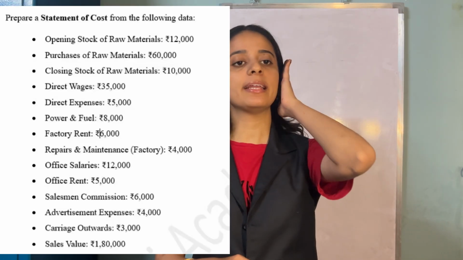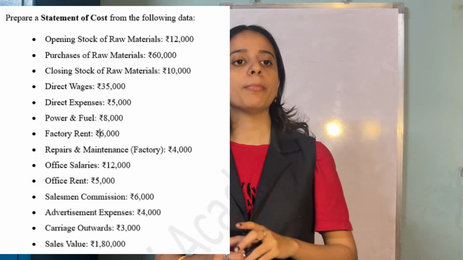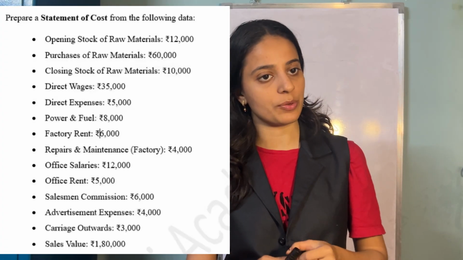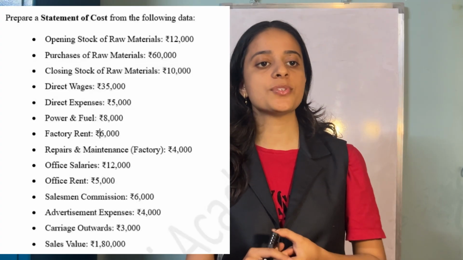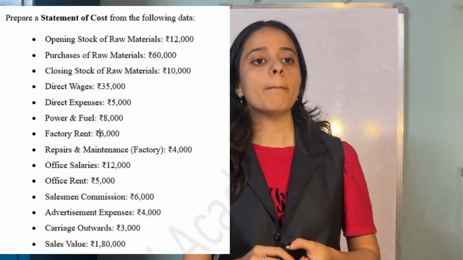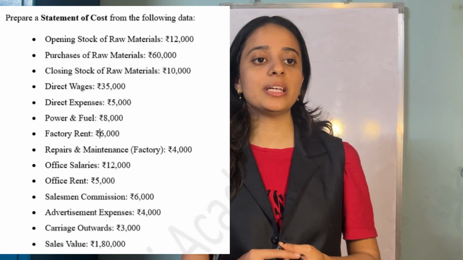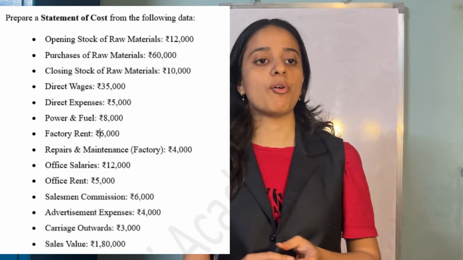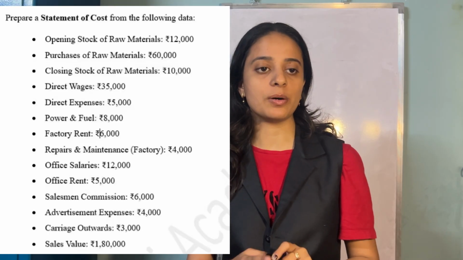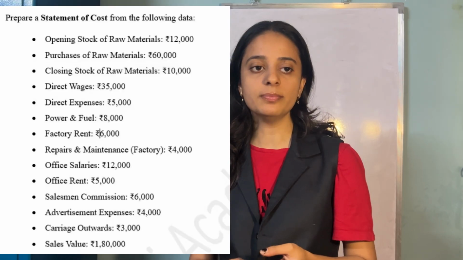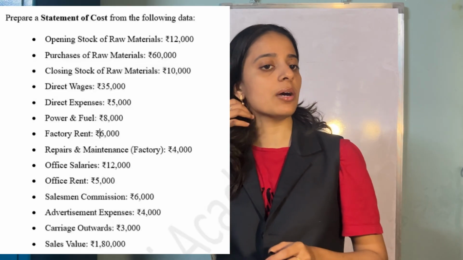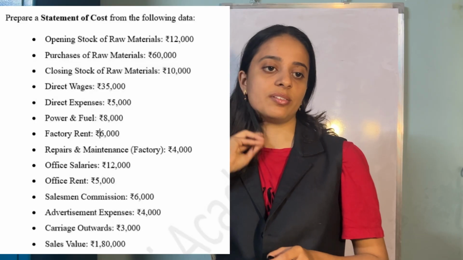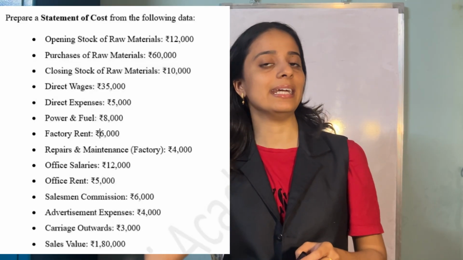Opening stock of raw materials 12,000, purchases of raw materials 60,000, closing stock of raw materials 10,000, direct wages 35,000, direct expenses 5,000, power and fuel 8,000, factory rent 6,000, repairs and maintenance of factory 4,000, office salaries 12,000, office rent 5,000, salesman commission 6,000, advertisement expenses 4,000, carriage outwards 3,000, sales value 1,80,000.